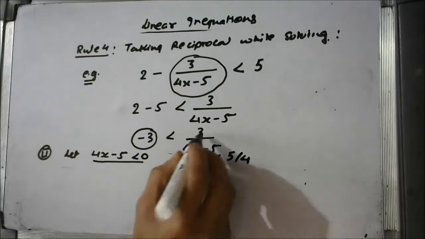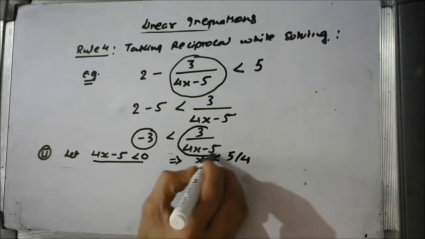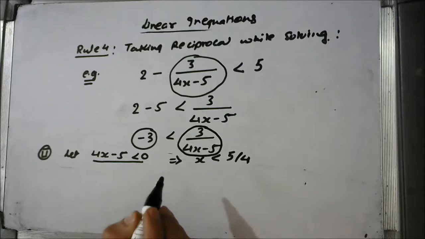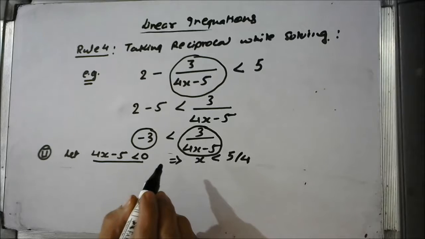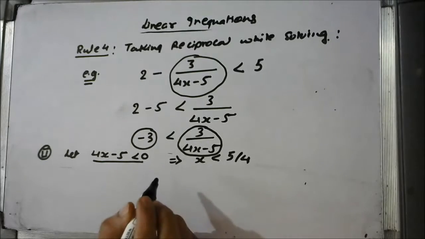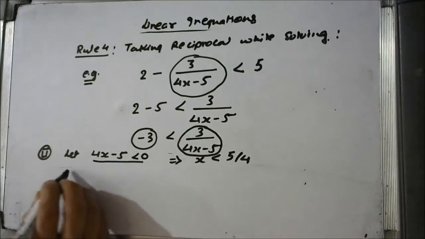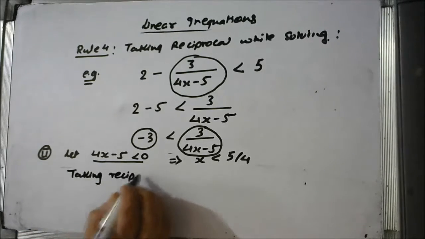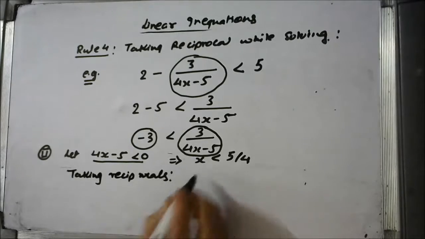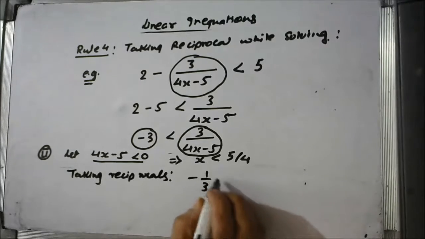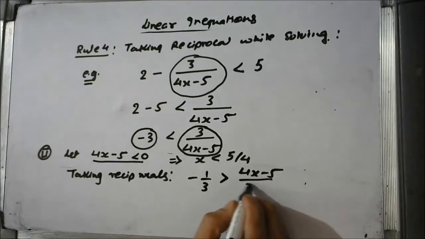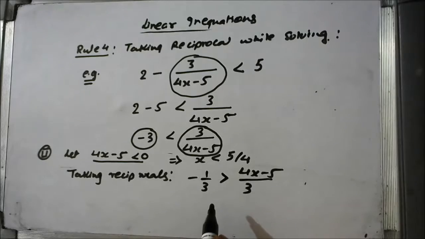In this case, right side becomes negative. So both the sides then are negative, and if I take the reciprocal, now the sign of inequality should reverse. So taking reciprocals, I reverse the sign.